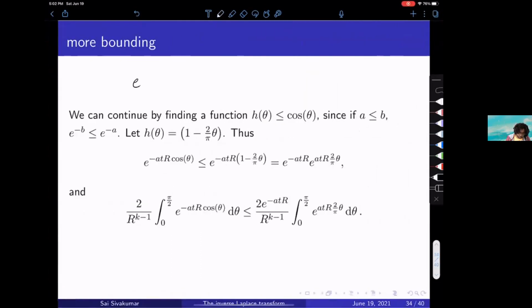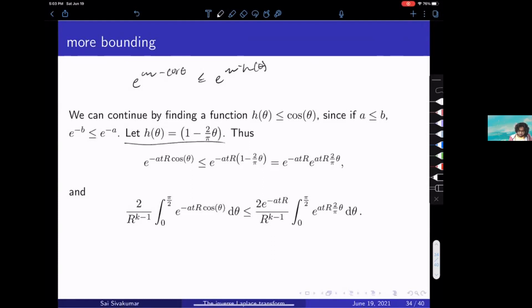So e to the stuff times minus cosine theta is going to be less than or equal to e to the same stuff times minus h of theta. We want h of theta to be less than cosine theta, because when you have the minus signs in the exponential, when you take 1 over, it's going to end up being bigger.